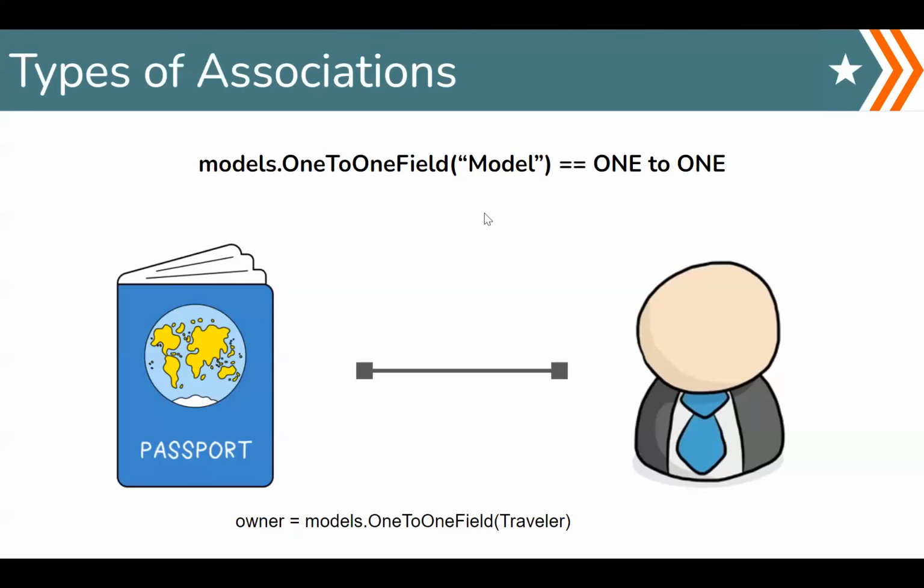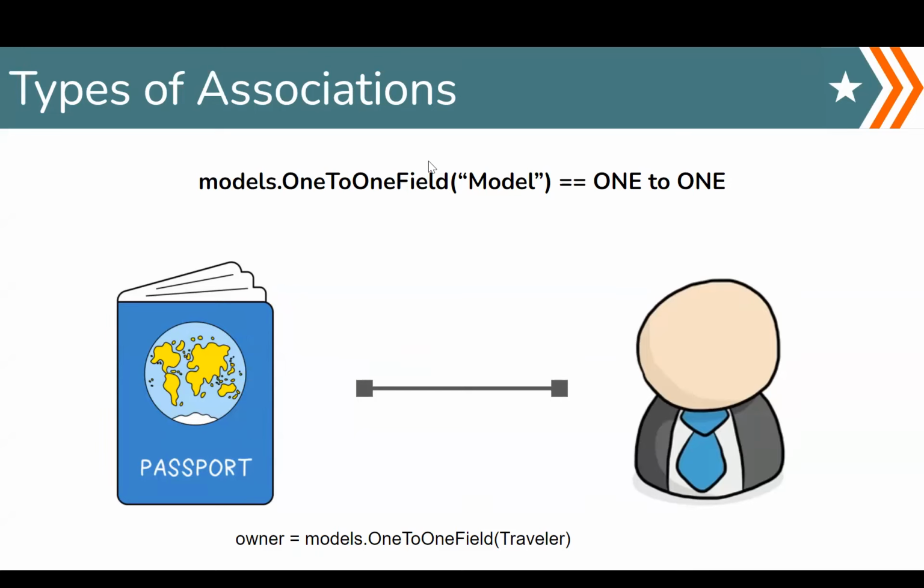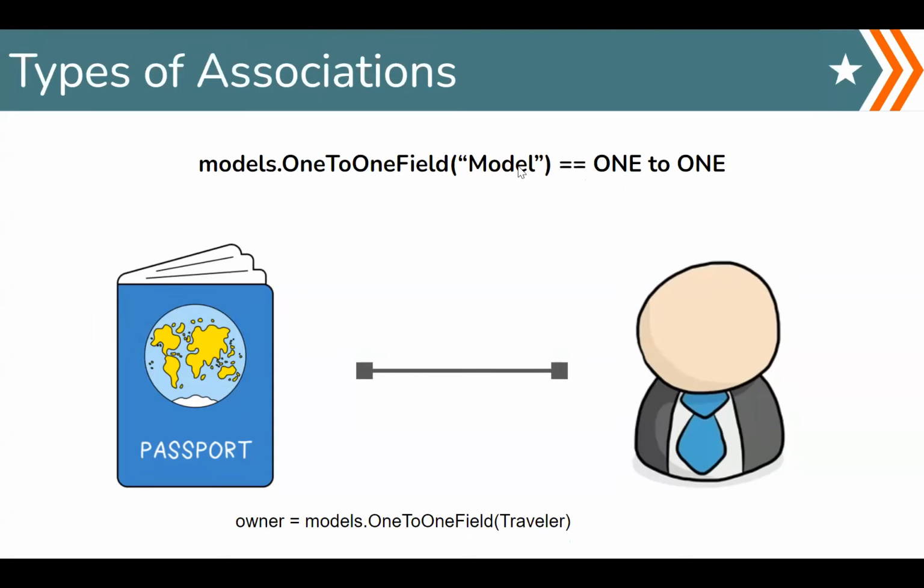So there's a couple of different types of associations in Django. And again, remember, the Django backend essentially is just SQL, but Pythonized. So all of the features in Django are available in some way with SQL. There's a few types of associations that we can do between fields.